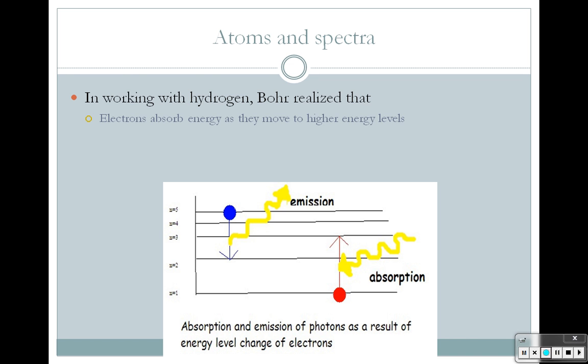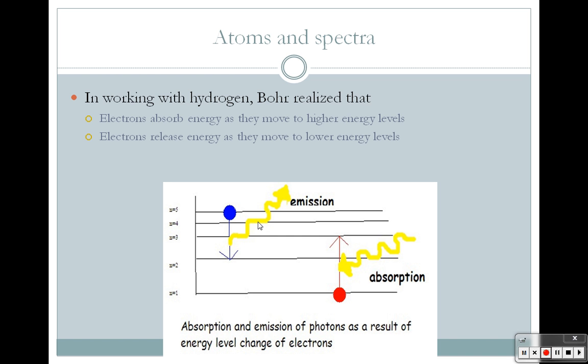And he realized that electrons absorb energy as they move to higher energy levels. You can see on this diagram down here, this electron is moving to a higher energy level, so it must absorb energy. Then he realized that electrons must release energy as they move to lower energy levels.